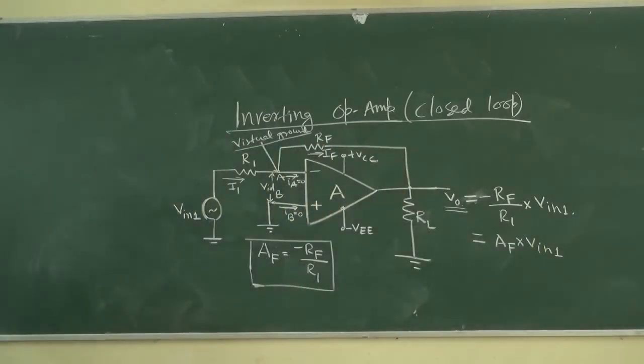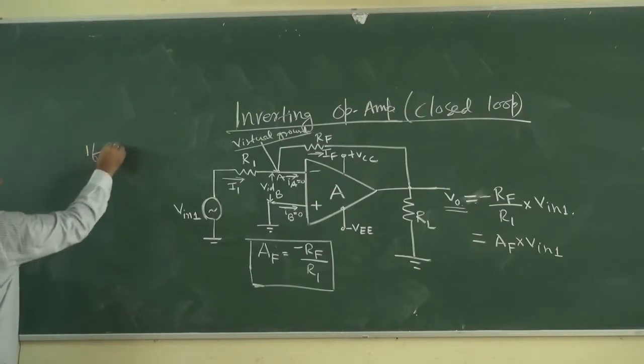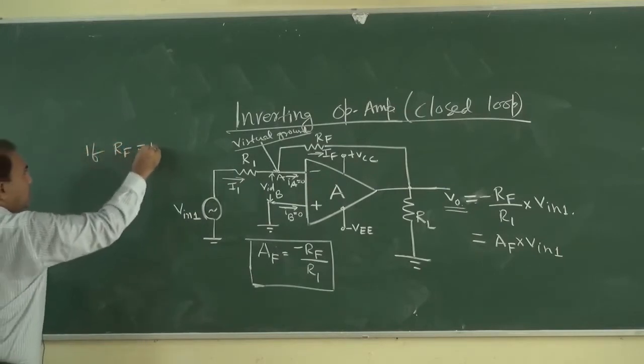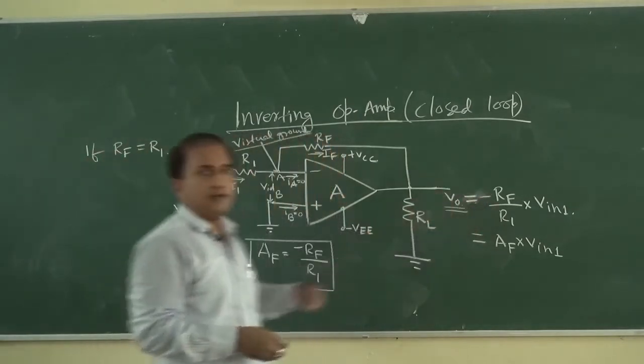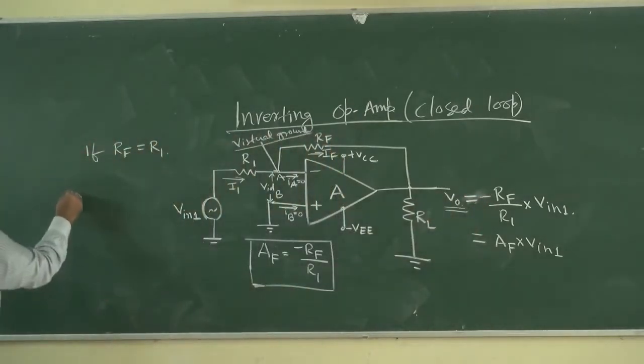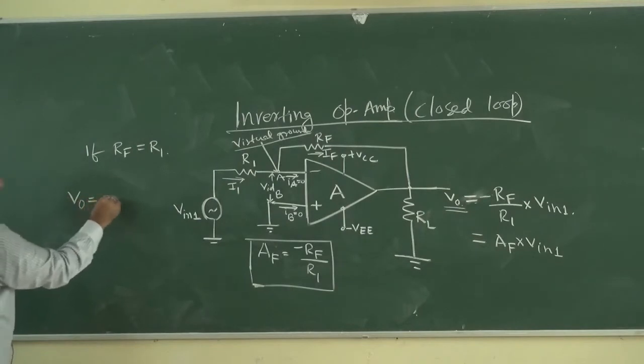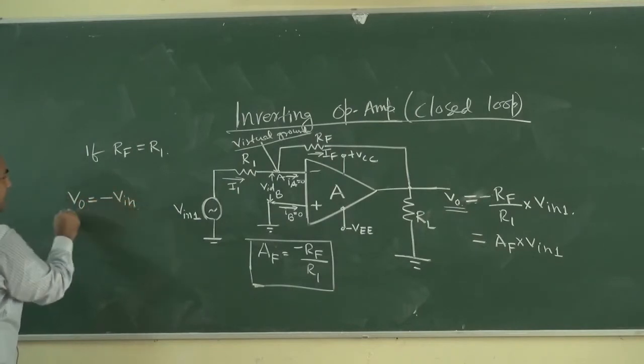Now if RF is equal to R1, then in that case Vout is always equal to minus Vin.